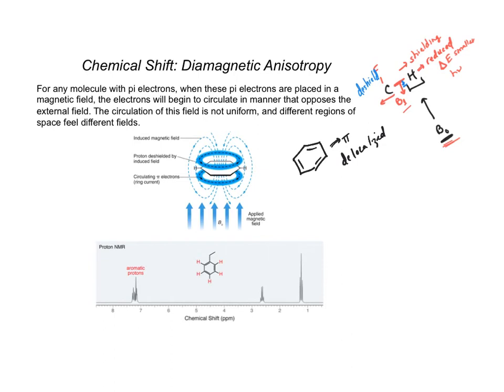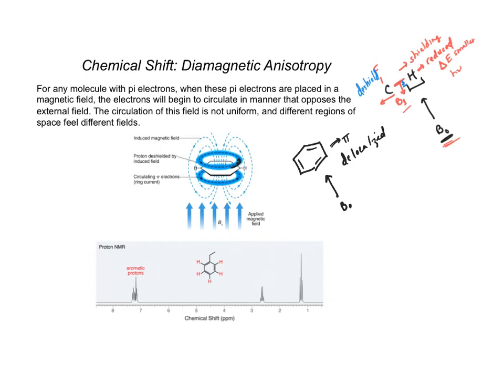All right, so what's going to happen if we take something like benzene and again put it in our NMR machine and apply our external magnetic field is those pi electrons are, just like the normal electrons, going to start to circulate, but they circulate in a very specific manner, right? Because they're circulating, they're also going to be creating their own little magnetic field.